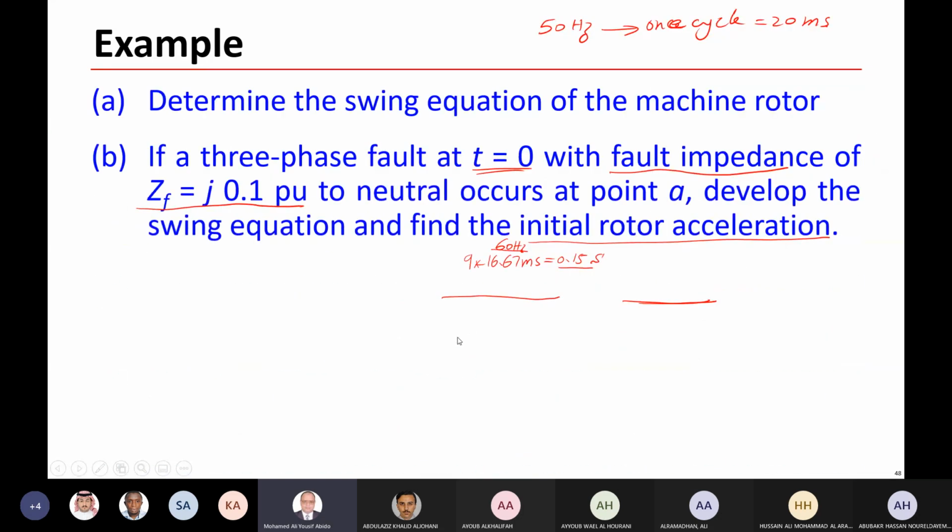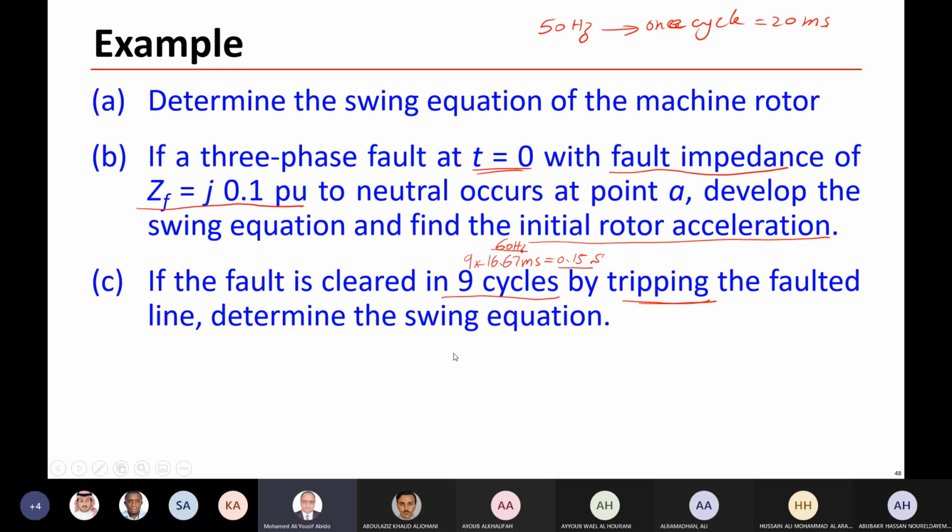In this example, we have 3 swing equations. Pre-fault, we have a swing equation. During the fault, from t equal to 0 up to 0.15 second. And post-fault, for t greater than 0.15 second.